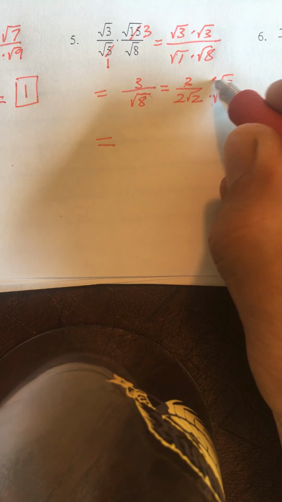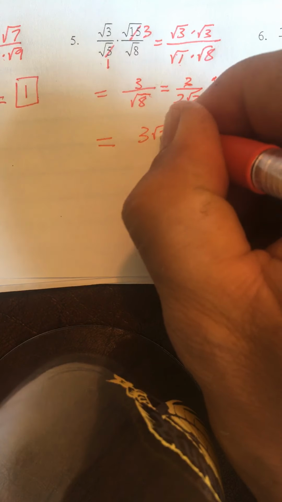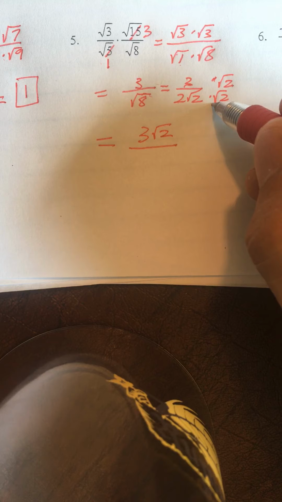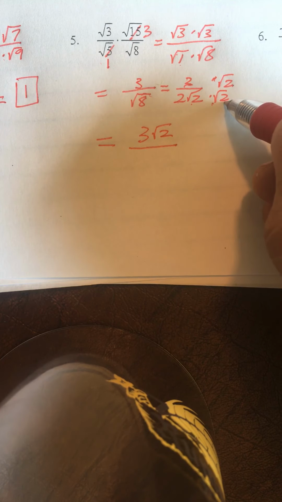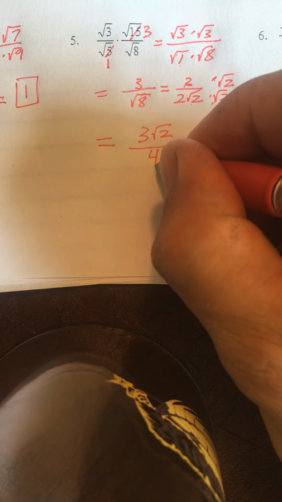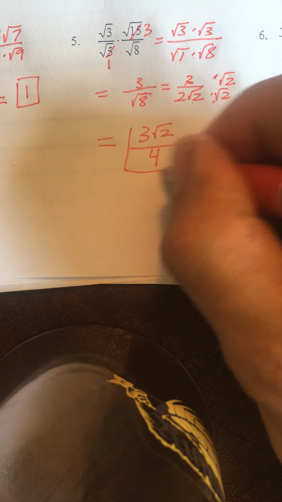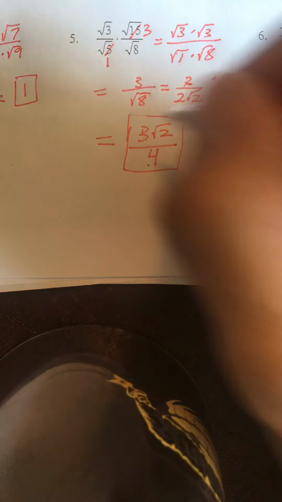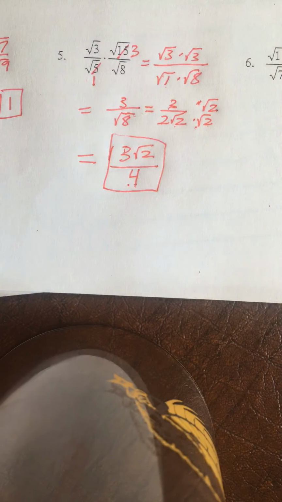So I've got 3 root 2. 2 times 1 is 2. Root 2 times root 2 is 2. 2 times 2 is 4. These can't reduce any further. Outside, outside. And we have no radical here. This guy is looking good.